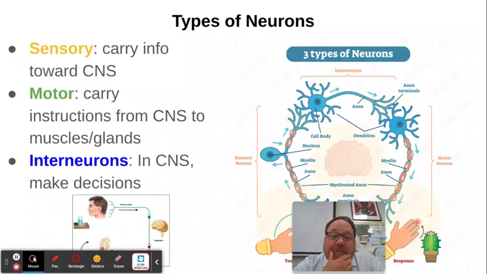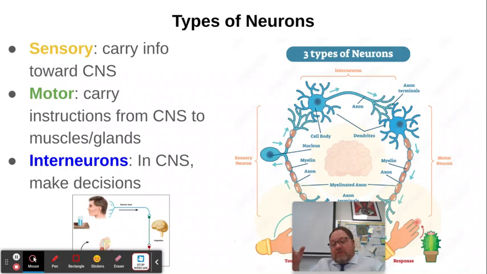Okay, there are three types of neurons you need to be familiar with. Again, the interneurons are the deciders. They're in your central nervous system, and if they receive enough excitatory postsynaptic potentials, then they send an action potential. If they don't receive enough excitatory postsynaptic potentials, then they won't fire, and the message will never be sent to muscles or glands.